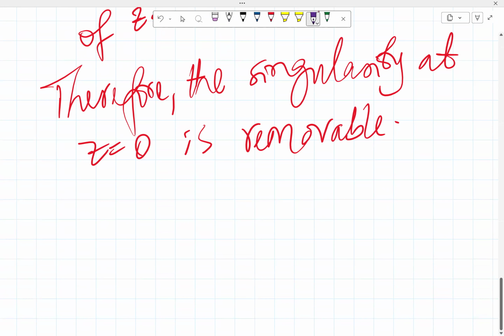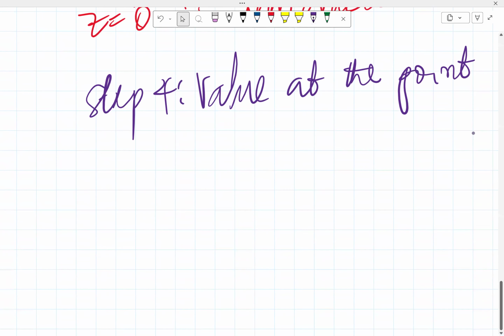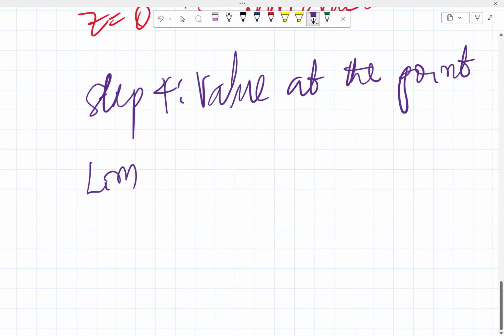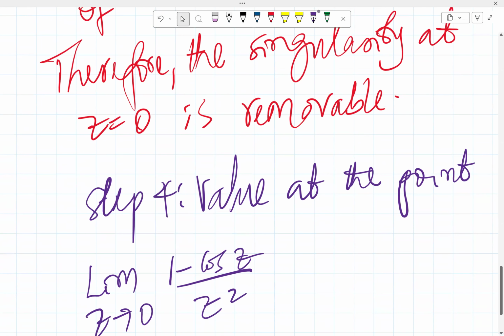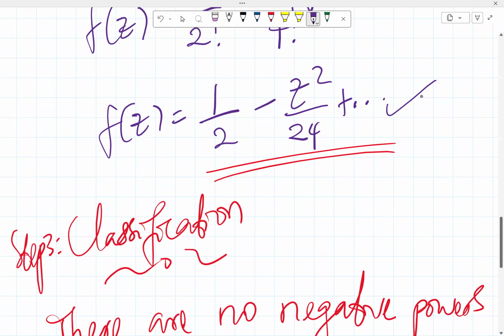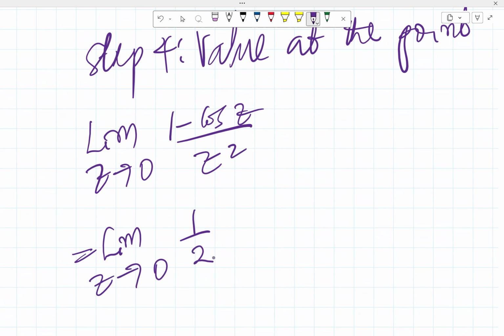So the next thing we want to do is to evaluate the value at that point. So step 4 now, value at the point. Talking about limits, as z approaches 0 for 1 minus cos z all over z squared, right? We already were able to evaluate this, so this is the expression we have. So this is equal to the limit as z approaches 0 of 1 over 2 minus z squared over 24 plus all of this.